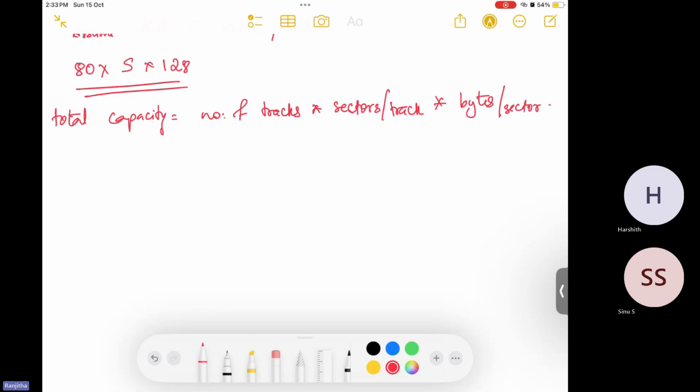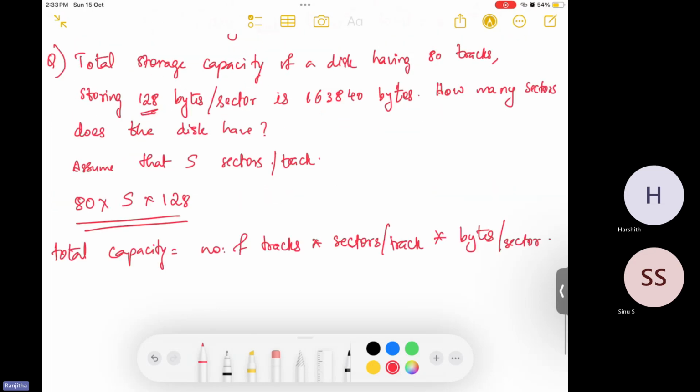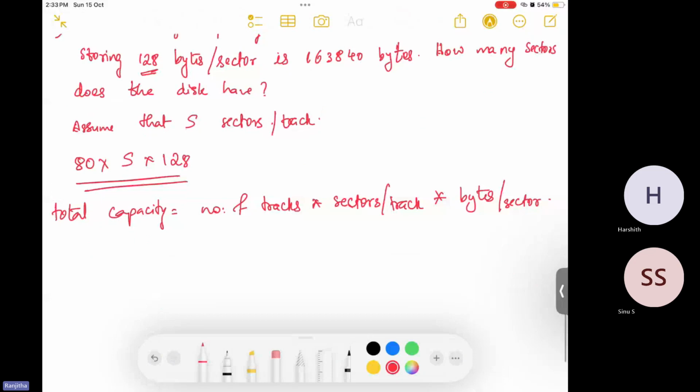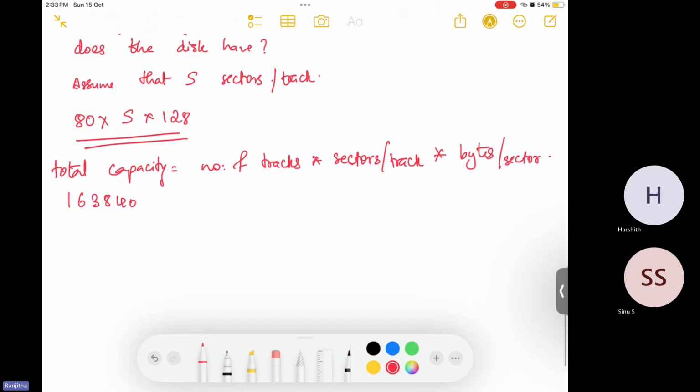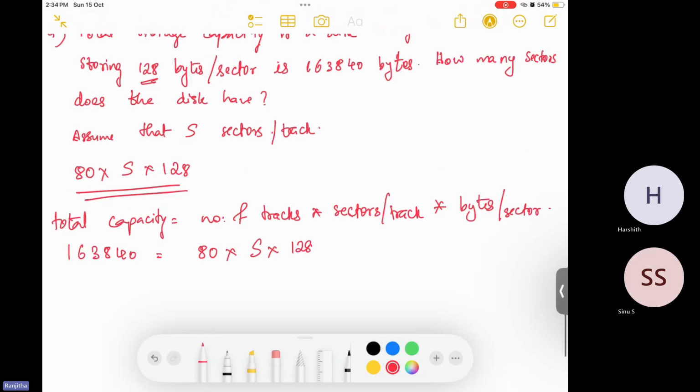Here it is given that the total capacity is 163840, the number of tracks is 80, and we don't know the number of sectors, so we keep it as a variable, and the number of bytes per sector is 128.